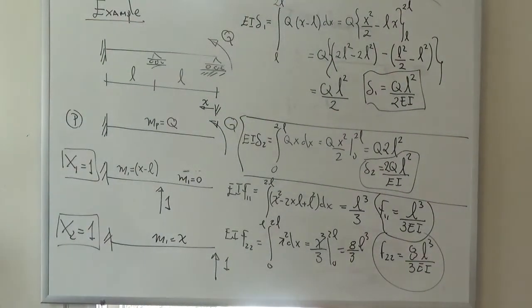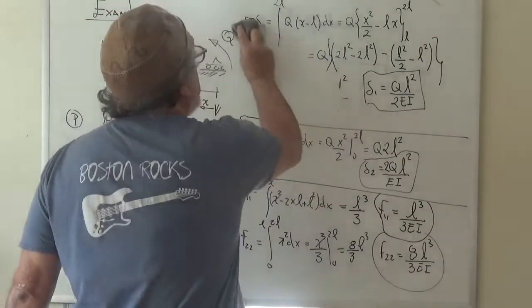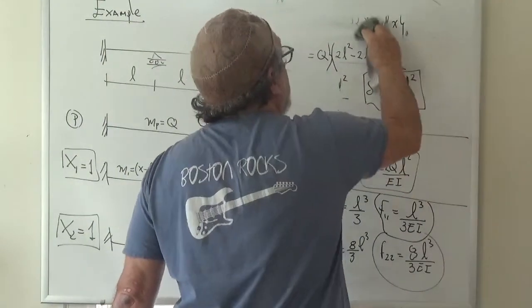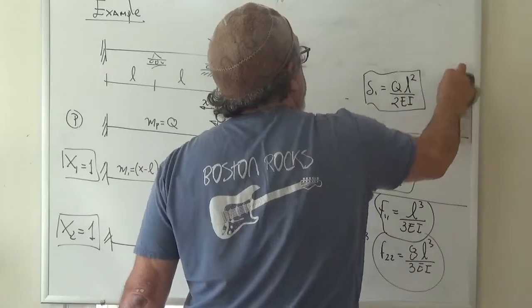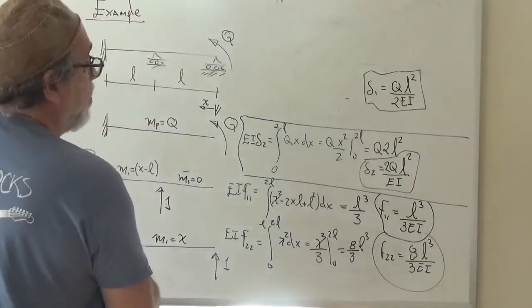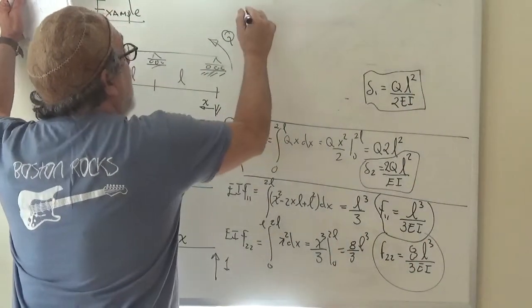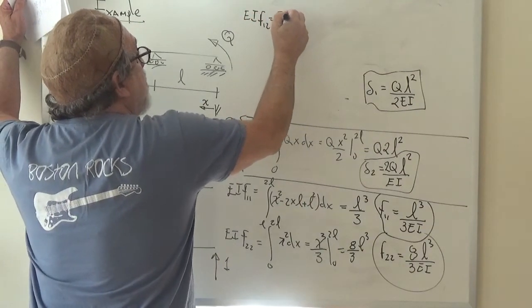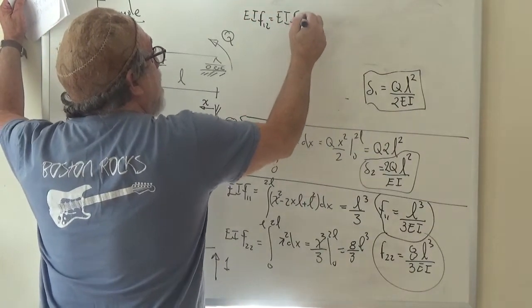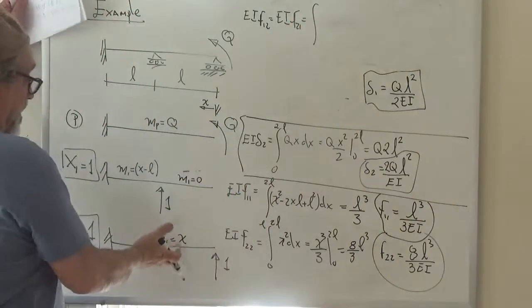And we have only F12 left. And unfortunately, I don't have space, so I'm going to have to erase something. And I guess what I'll erase is this computation and just leave what the answer was. Right? And so we'll have that EI times F12, which is the same thing as EI times F21, is the integral this times this, right?